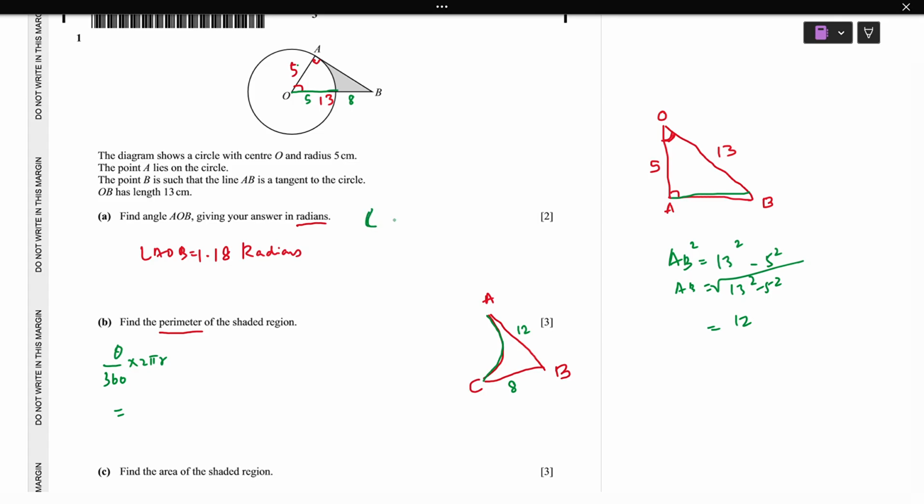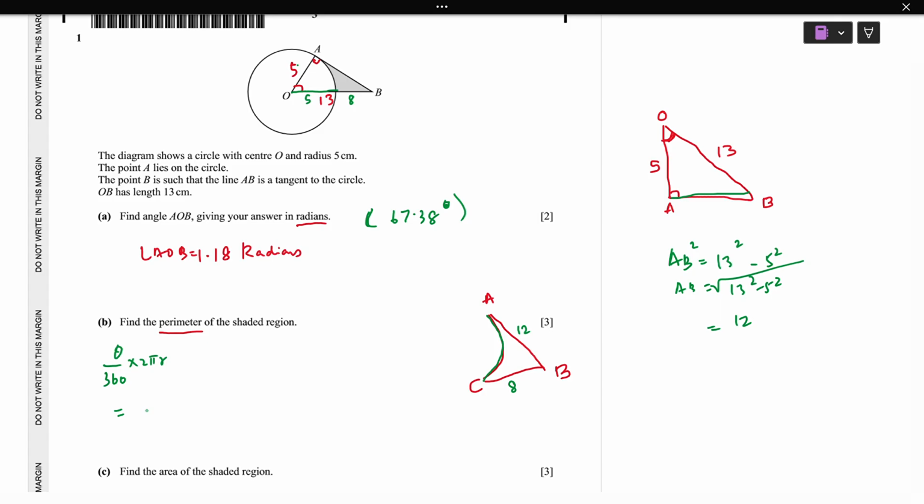The degree answer is 67.38 degrees. We can also use radians here and change the formula into radians, but right now I'll do it with degrees.